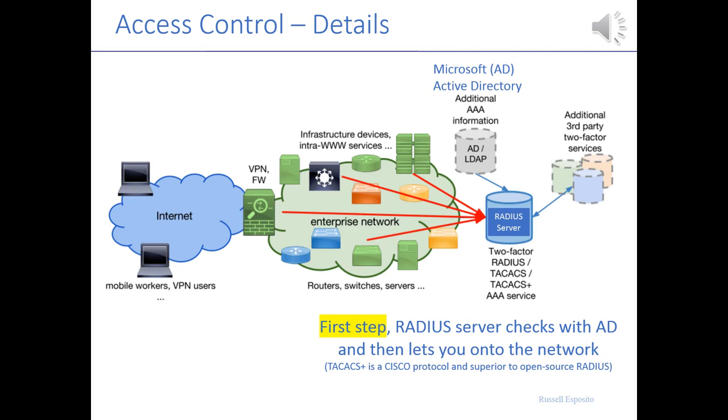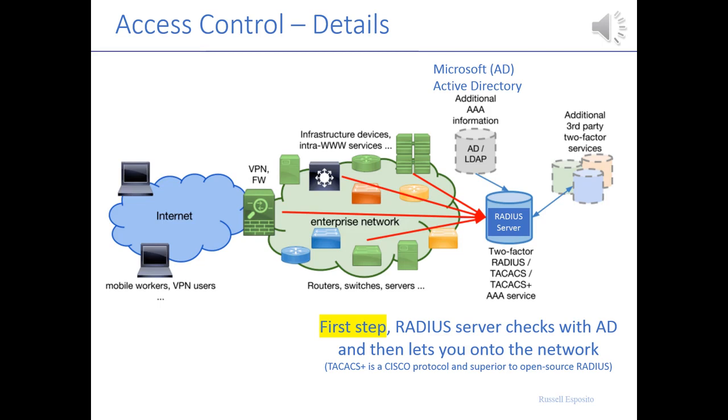In this picture, it's that gray box with the dots around it. I labeled it Microsoft AD Active Directory, and there's where it's looking up the ID and password to see if it's valid, to let you onto the network. And also the RADIUS server gives you the ability to connect to a third-party, multi-factor, two-factor authentication.